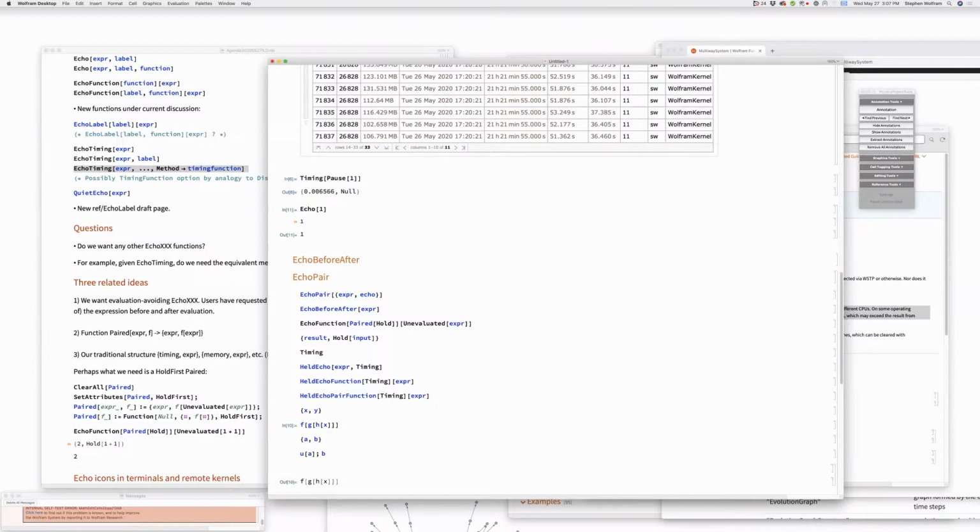I think this would be more like expert, f. And then we expect that f of expert returns a pair. So I think there are maybe three possibilities. There's echo pair that gets a pair itself, right? But you might also want to have the first argument be expert and the second argument be a function. Right. So echo pair of timing would then do the right thing. Yeah.